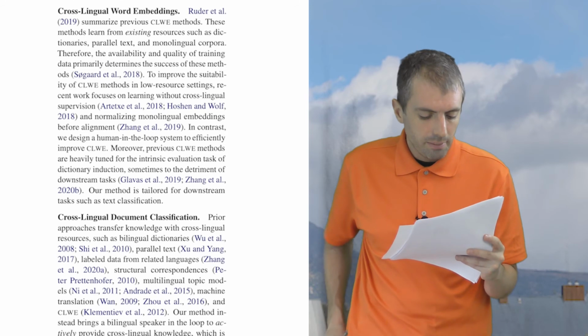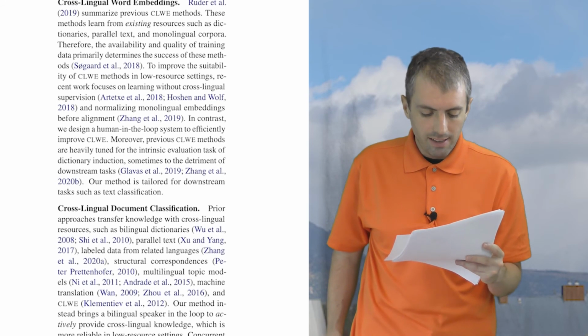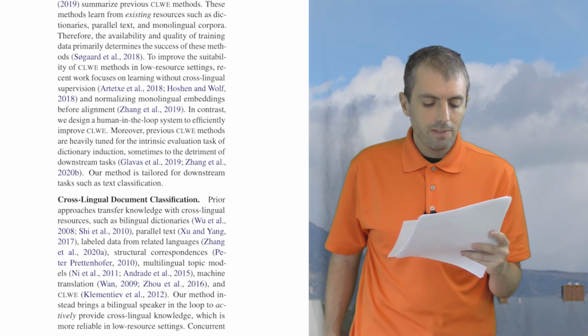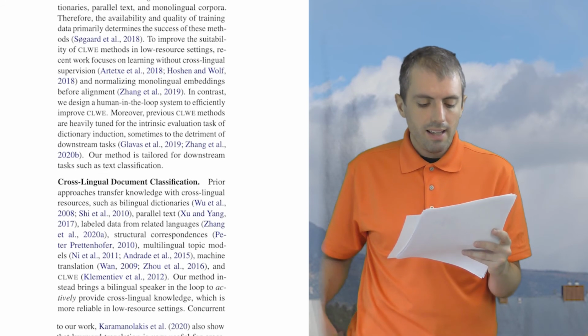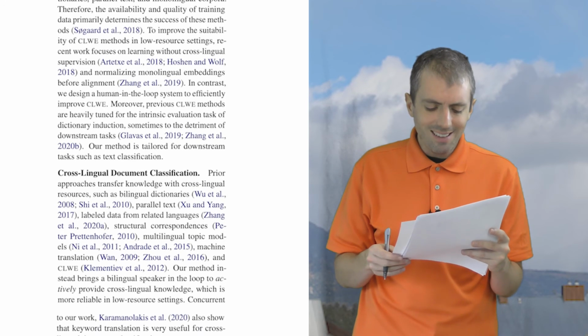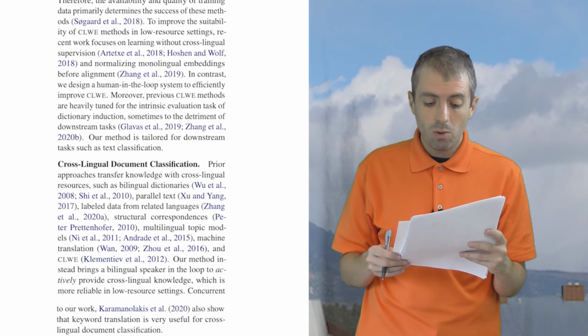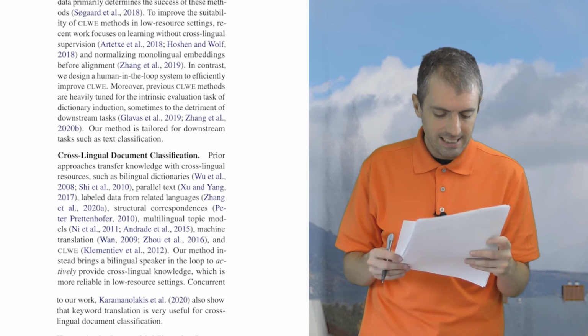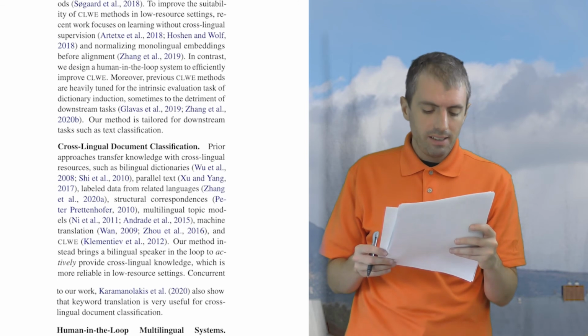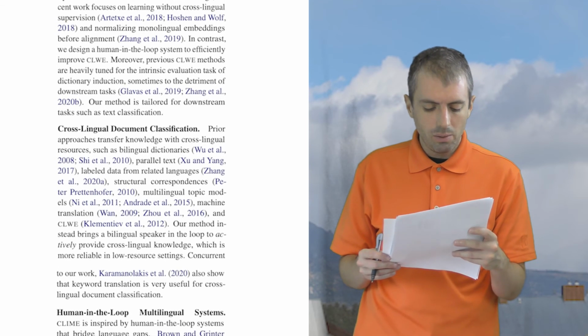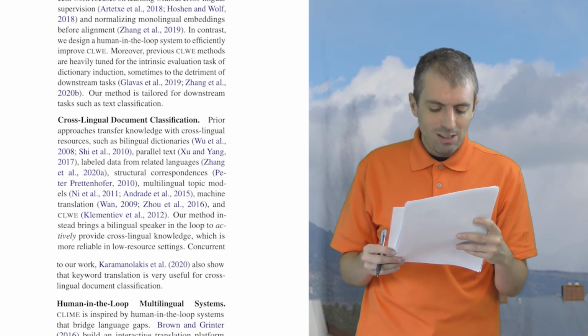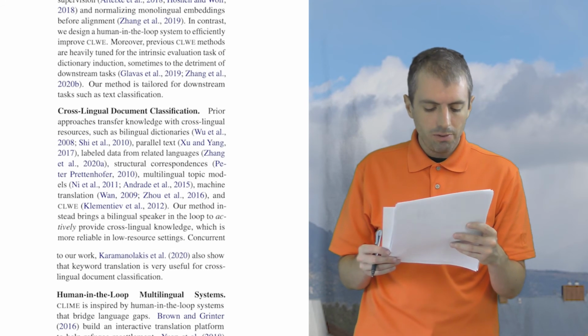Ruder et al. summarize previous CLWE methods. These methods learn from existing resources such as dictionaries, parallel text, and monolingual corpora. Therefore, success of these methods is largely determined by the availability and quality of training data. To improve the suitability of CLWE methods in low-resource settings, recent work focuses on learning without cross-lingual supervision and normalizing monolingual embeddings before alignment.